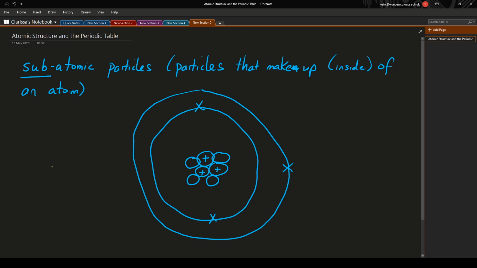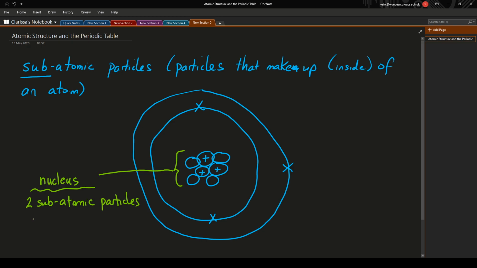Now, the first thing I want us to remember is that there are two main locations inside an atom. So this whole thing is an atom here. The first location I want you to be aware of is this center, and remember we called the center of the atom the nucleus. And it has two subatomic particles that are in the nucleus.